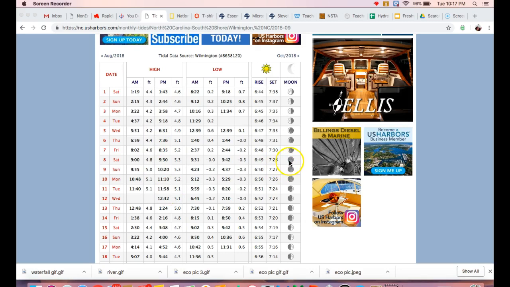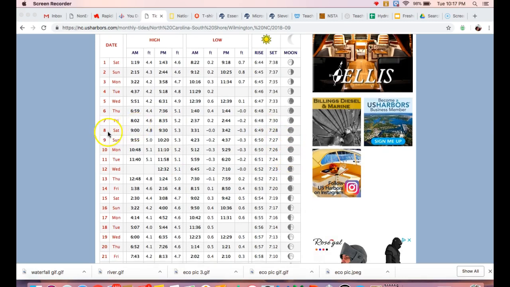So for example, if we scoot on down here to the 8th of September, if we look at the low tide at 3:31 a.m., it was minus 0.0, so that's right at your average, your chart datum. And then a little bit later in the day at 9 a.m., the high tide is 4.8 feet, so it's almost 5 feet difference from the low tide to the high tide.